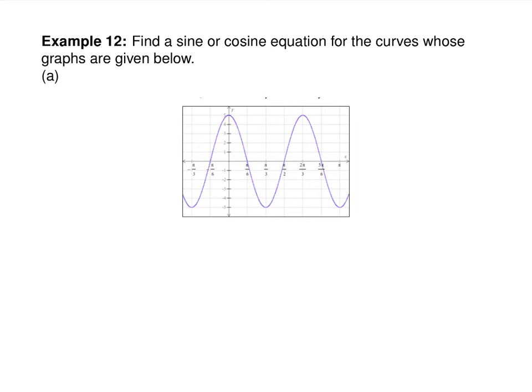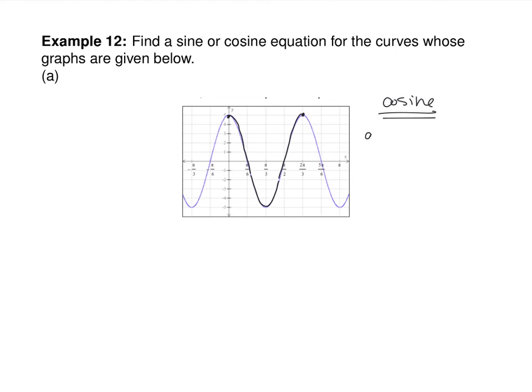And there could be more than one right answer, but let's stick to things that aren't shifted. So assuming that it hasn't been shifted, see how this curve starts at 5? And then by 2pi/3, it's completed 1 cycle, right? So which curve starts on the y-axis? Sine or cosine? Cosine. So this is a cosine curve.